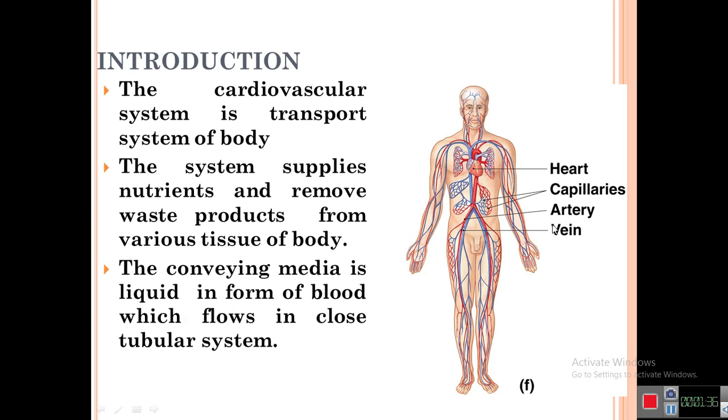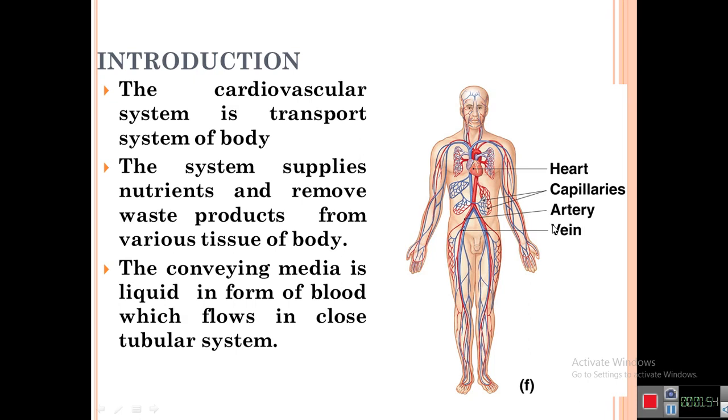This system transports the nutrients through a medium. That medium is in liquid form. The name of that medium is blood, which flows in a closed tubular system.